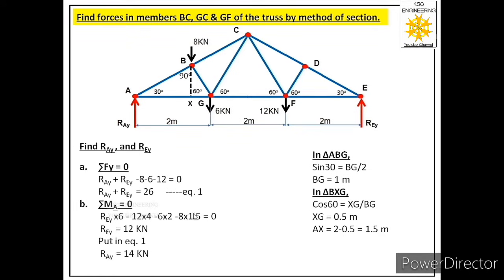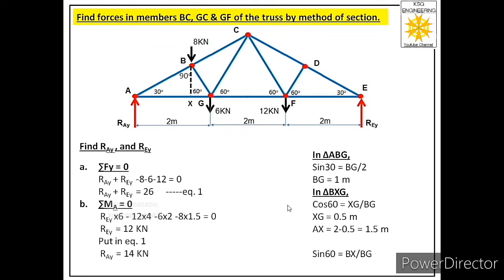Now before finding the forces in these three members, let us first find another important length, that is BX, because this we will need in the calculations of these forces. So for that we will say in triangle BXG, sine 60, that means perpendicular upon hypotenuse.